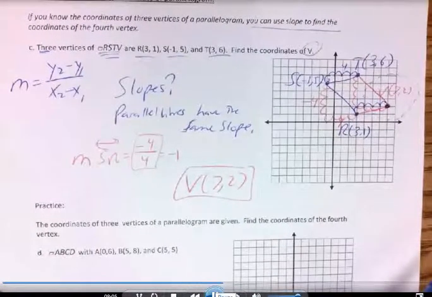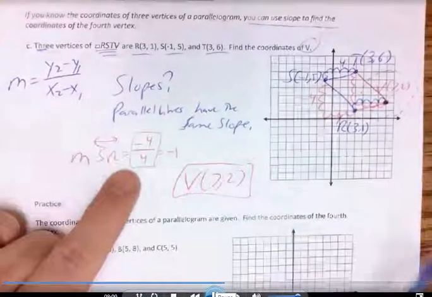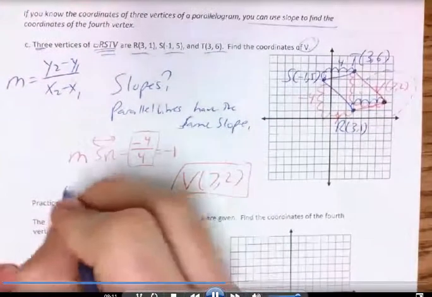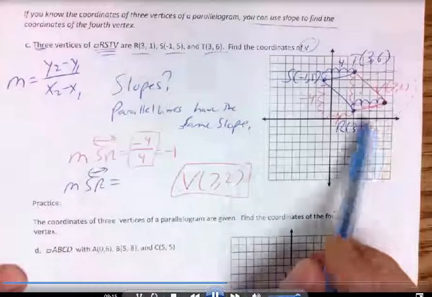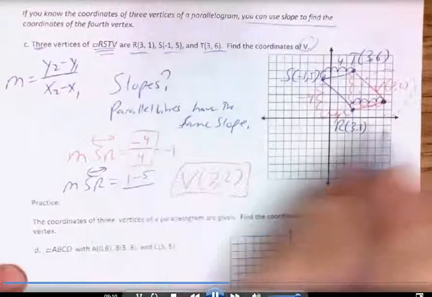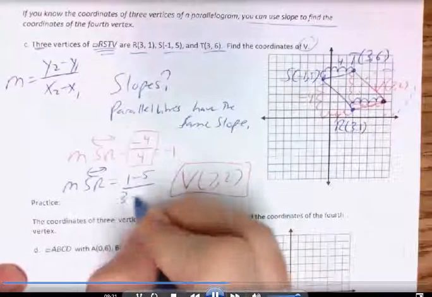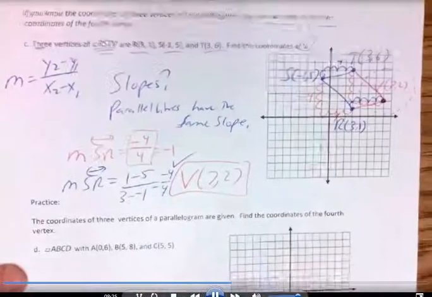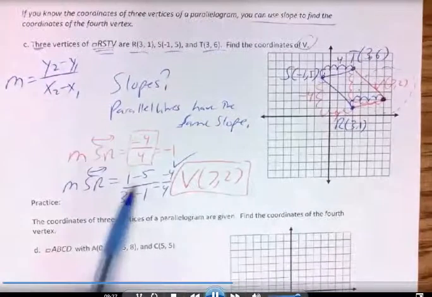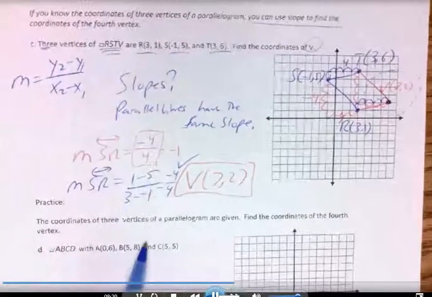Just for the sake of making sure I didn't mess anything up, SR is 1 minus 5 over 3 minus -1, which is -4 over 4, and we're good to go, which is -1. I just wanted to show you that obviously it would work both ways too.